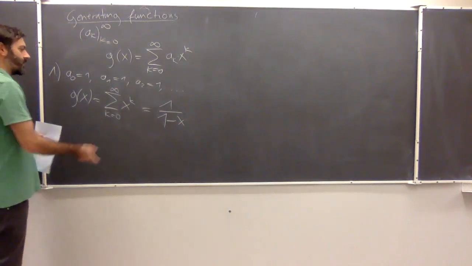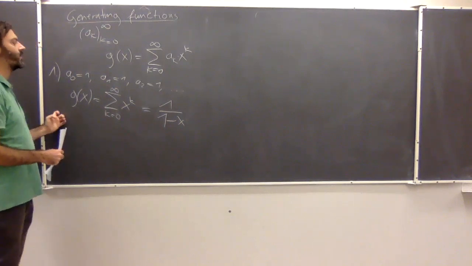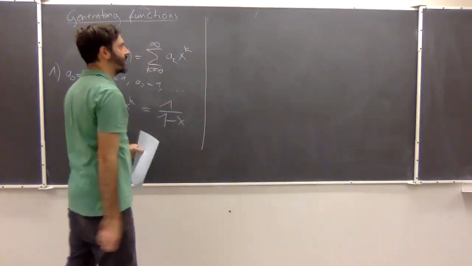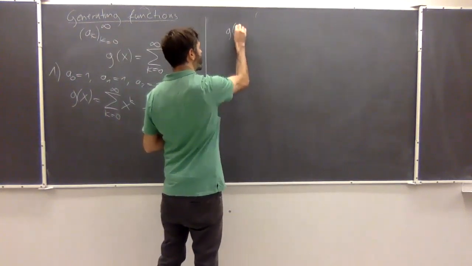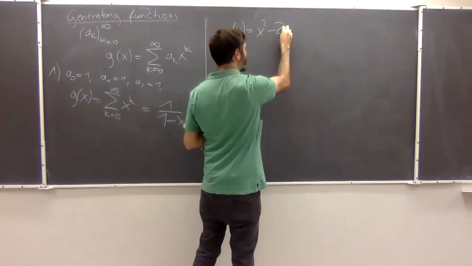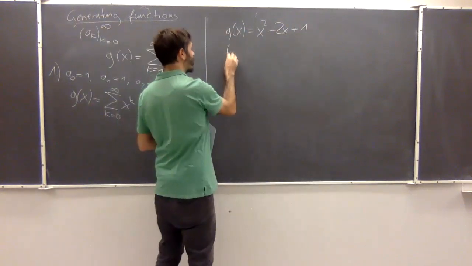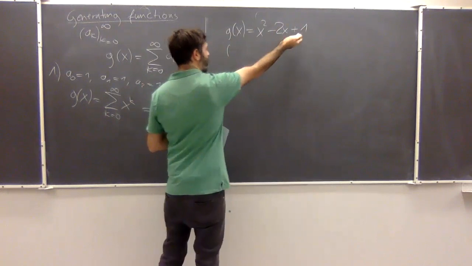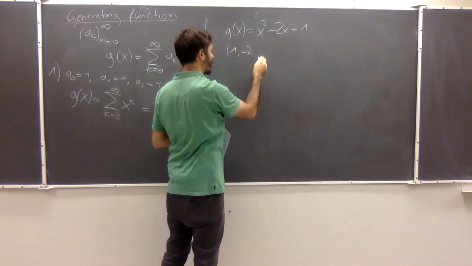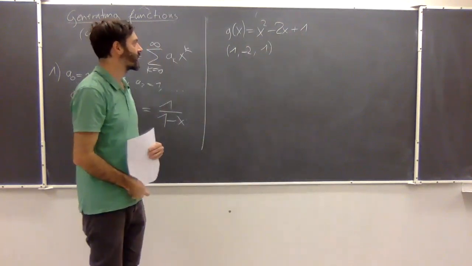And then there are some manipulations you can do on the function side and some you can do on the sequence side. Take again the example x squared minus 2x plus 1, corresponding to the sequence a0 is 1, a1 is minus 2, and a2 is 1.